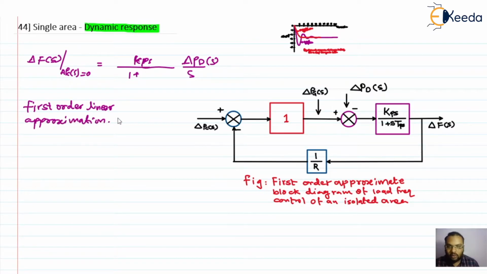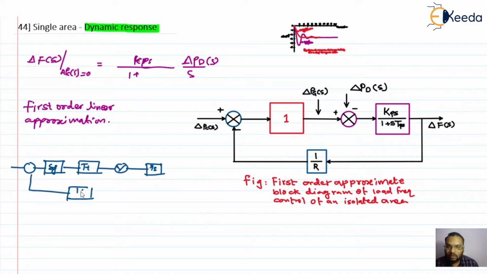The actual block diagram, if you remember, contained blocks like this: the summer, then the SG block, that is the speed governor block, then the turbine block, TT block, then one more summer, then the power system block, the generator load model block, and then the regulation of the speed governor.